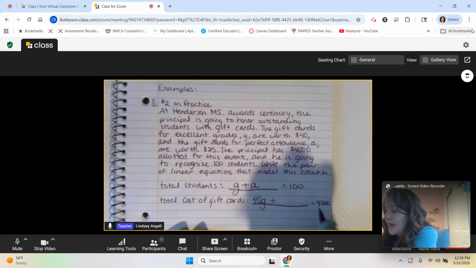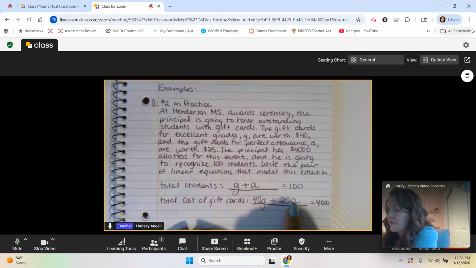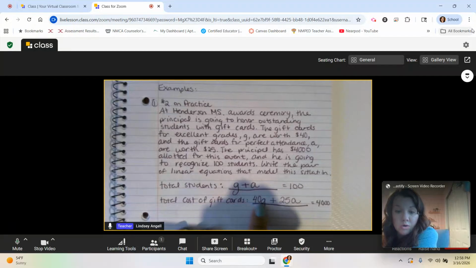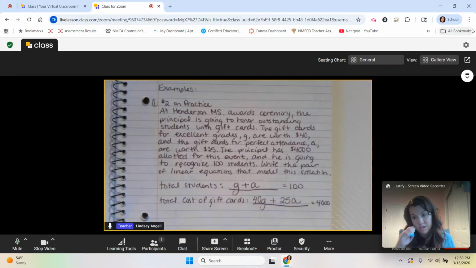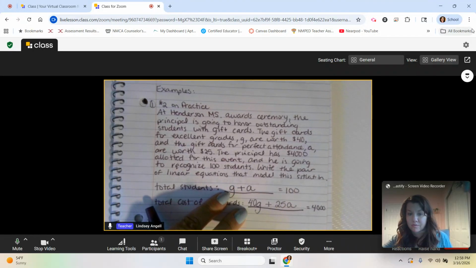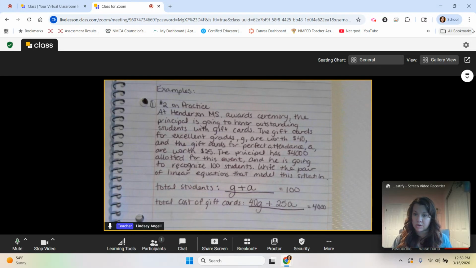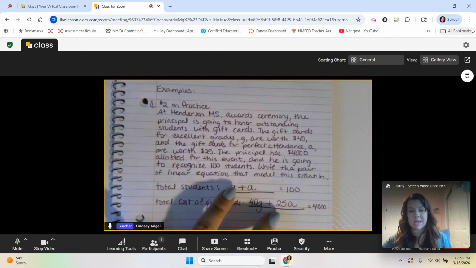And then we're going to add that to $25 times the number of students getting perfect attendance, right? Because they're going to get a $25 gift card. Total, all together, that is all going to have to add up to $4,000. Okay, that's his budget. So these are the two equations that we would be looking for in this system of linear equations. Okay, so these two right here, this is the answer that they're looking for.